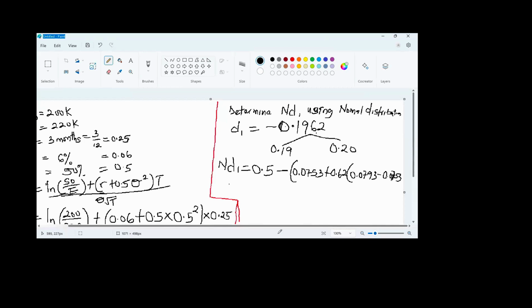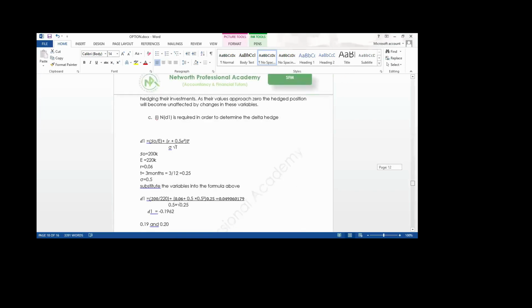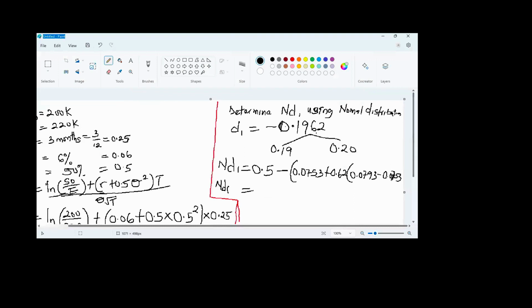Please work this out. What's your N(d1)? Your N(d1) will give you 0.4222. You can reconfirm. I've only taken that to save time.